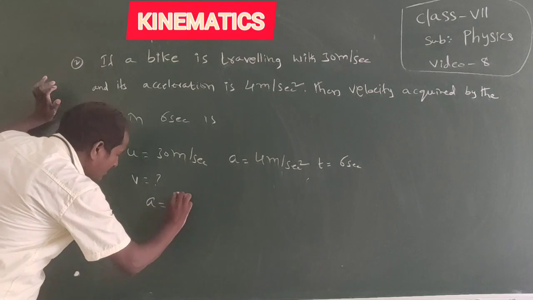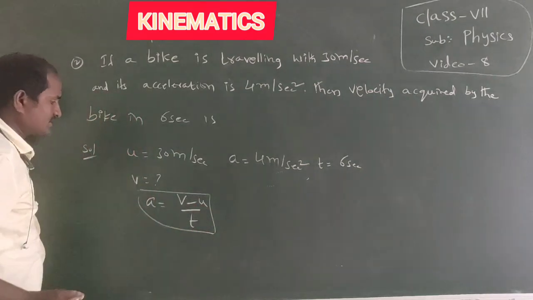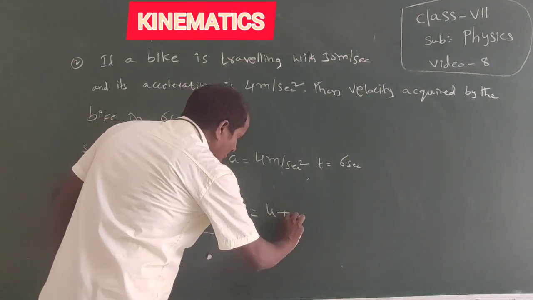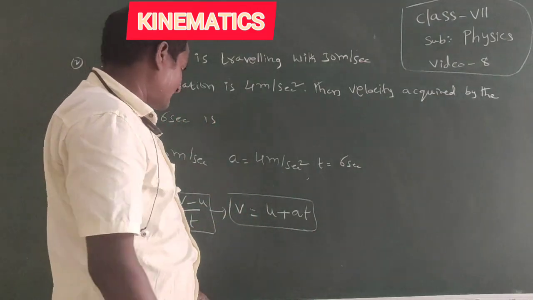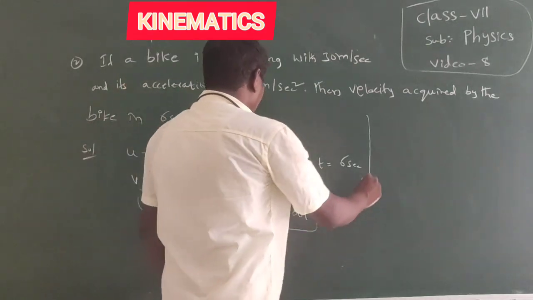Here a equal to (v minus u) by t. From this equation we can write v equal to u plus at, which is the equation to find the final velocity.